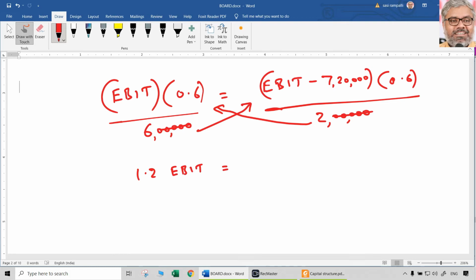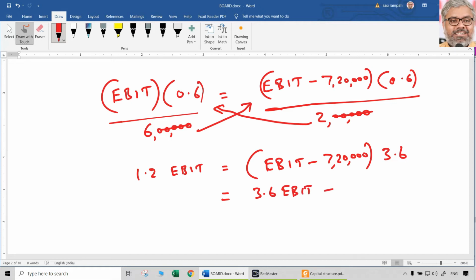So 1.2 EBIT will be equal to, what is in bracket? Keep it as it is first. EBIT minus 7,20,000 will remain as it is, 0.6 multiplied with 6, 3.6. So expand it. 3.6 EBIT minus 720,000 into 3.6 will be 25 lakhs 92,000.